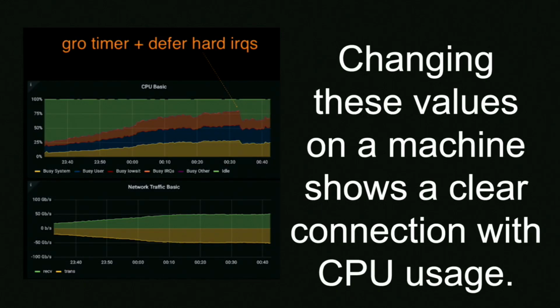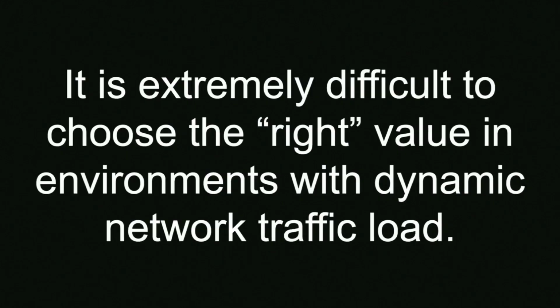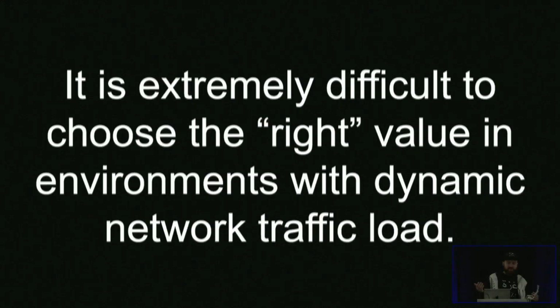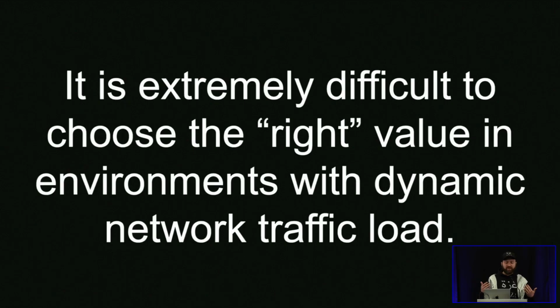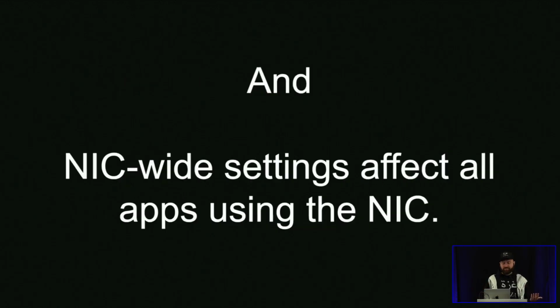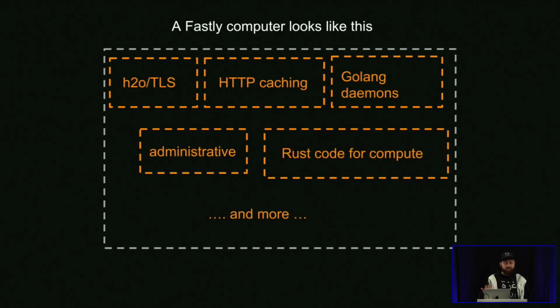That was the thing I thought was really interesting, right? I wanted to get these CPU cycles back, especially when the machine is under high load. There's no reason for us to be generating interrupts if we have a huge amount of network traffic coming in. But like I said, it's extremely difficult to choose the right value, especially in environments with dynamic network traffic load. And NIC-wide settings affect all apps that are using the NIC. So, for us at Fastly, a computer looks like this.